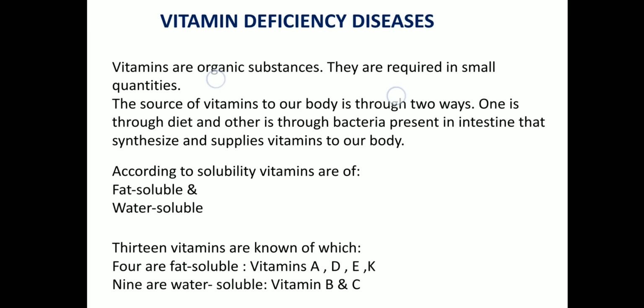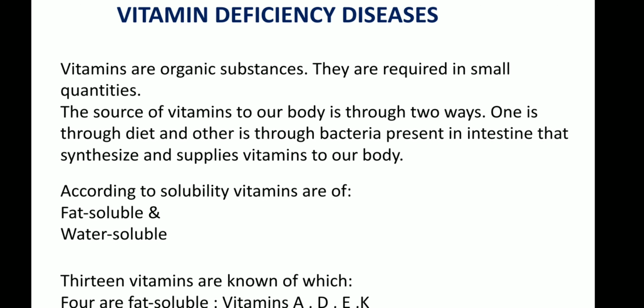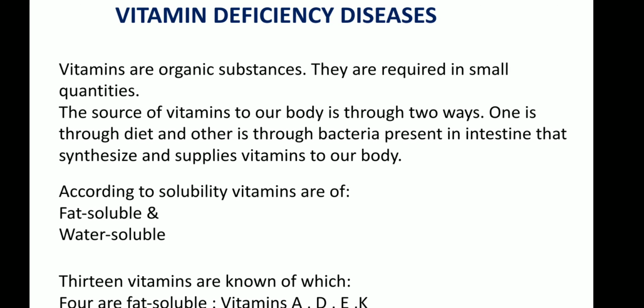Now coming to vitamin deficiency diseases. Vitamins are organic substances. They are required in small quantities. Though they are required in small quantities, they are very essential for our body. The source of vitamins to our body is through two ways.